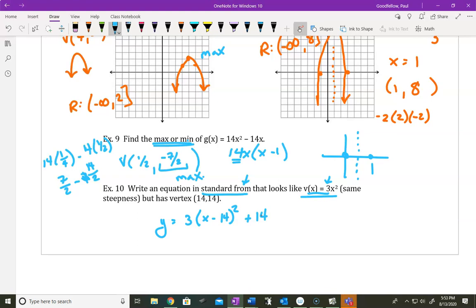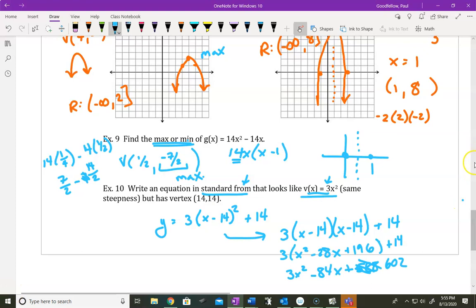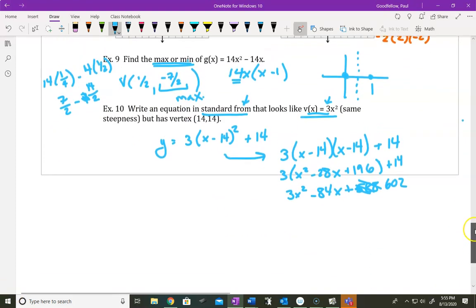We want it in standard form. Now, ultimately, we're trying to find a way to expand this concept to put it into standard form. You'd have to expand it. That's 3 times x minus 14 times x minus 14, all plus 14. And you'd have to FOIL that. I'm not in the mood. Let me do that real quick, and then I'll do some magic where it shows up. And poof, there you go. I did the work. It wasn't fun.